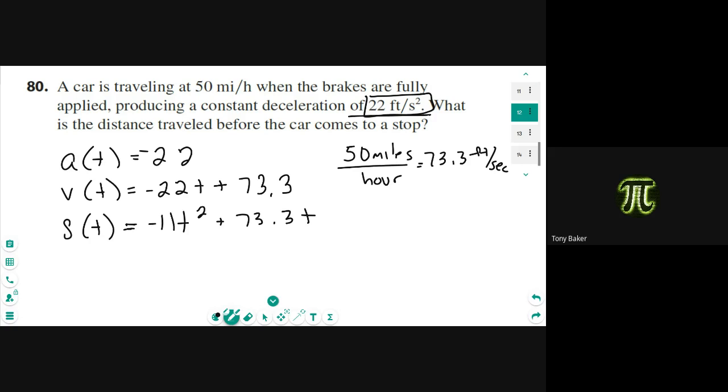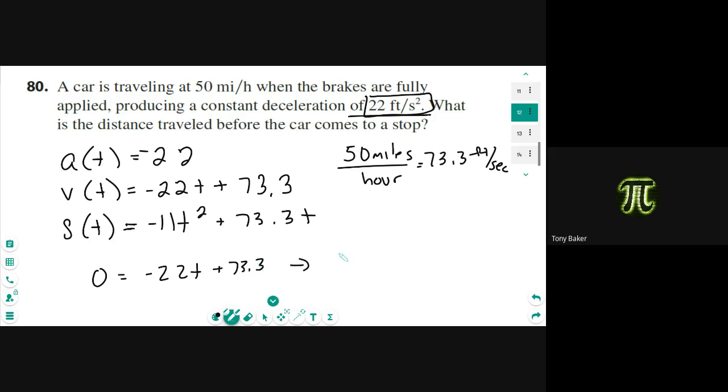All right, so we want to know when the car comes to a complete stop. So that's when my velocity is 0. I would have to set my velocity to 0. So V of t equals 0: 0 equals negative 22t plus 73.3.